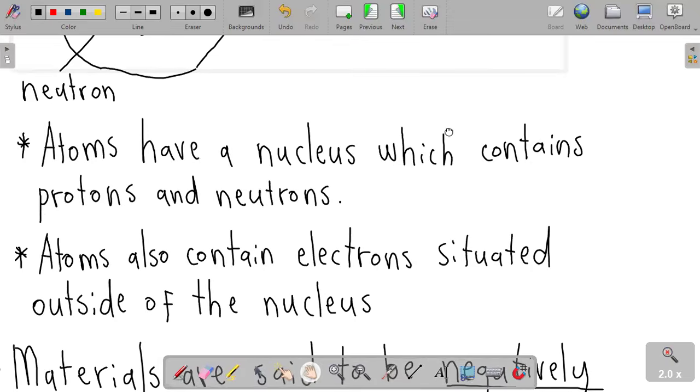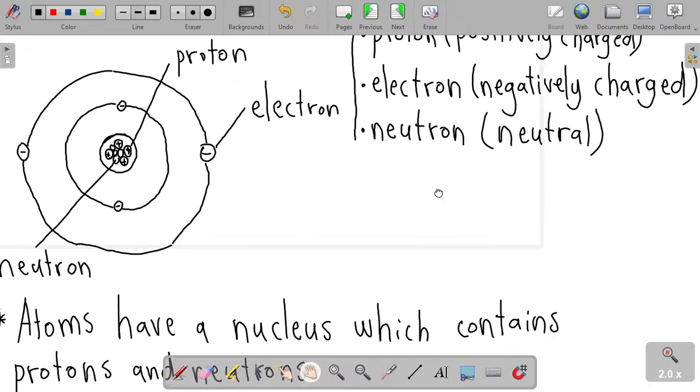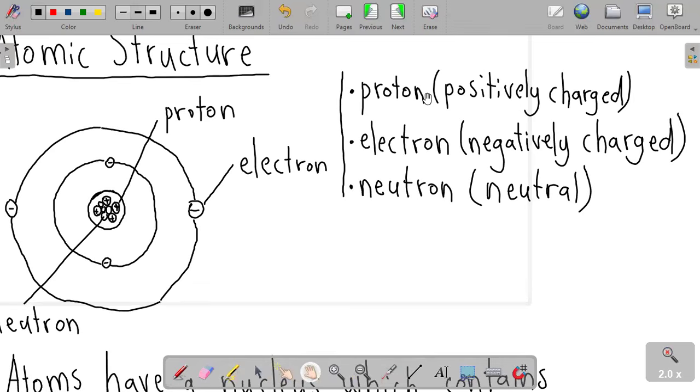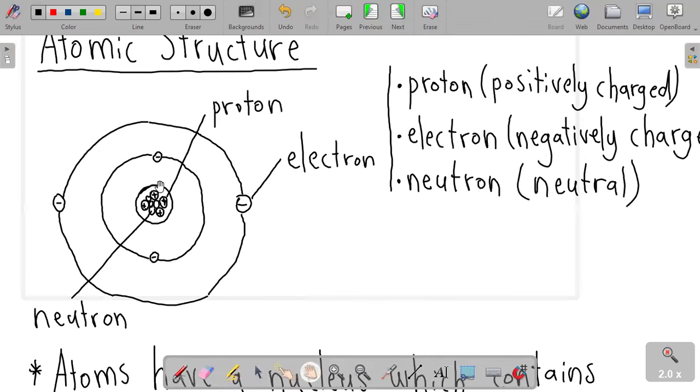So it's these two, the first and the last, that are found inside the nucleus. The nucleus is this thing here, which contains the positive charges and the neutral charges.